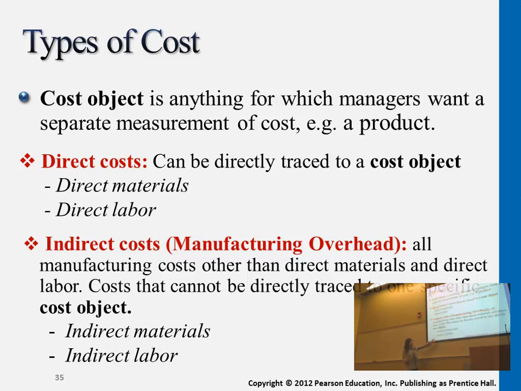Okay? Indirect labor, to give you an example, would perhaps be the janitor's salary. The janitor you hire to help you clean up the factory. That can't easily be traced to one particular line of business, one particular product, because the manufacturing side is for multiple products. So the janitor's salary and the entire management's salary for the entire plant are considered indirect labor, meaning they cannot be directly traced to one particular product.